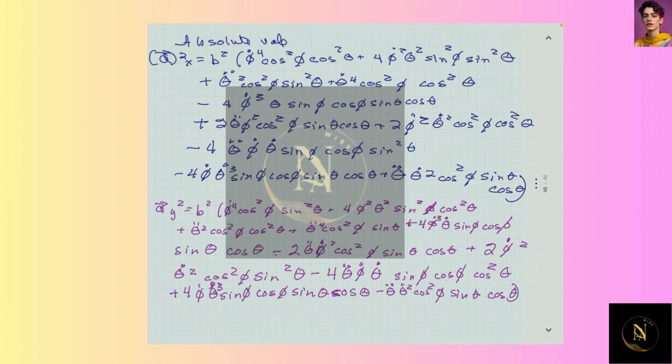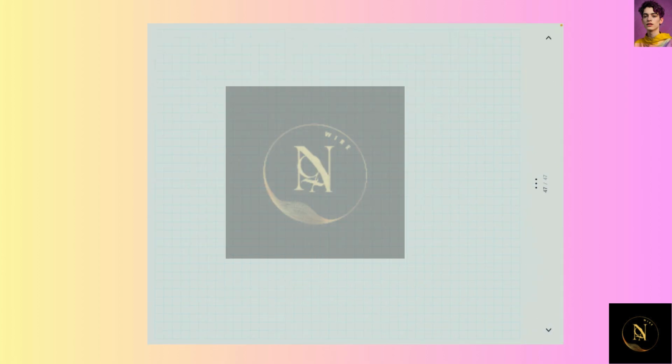Okay, and we add them, and we can see that as many terms cancel out, and we will end up with, we're going to use sine squared x plus cosine squared x equals 1. We're going to get the following.